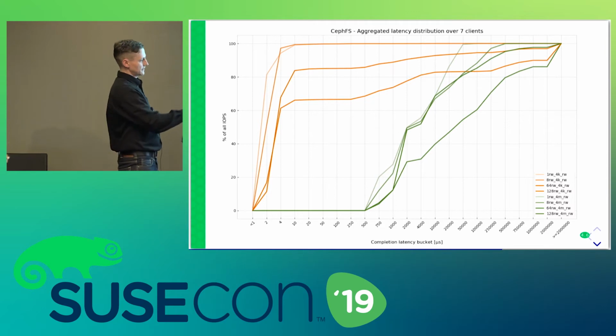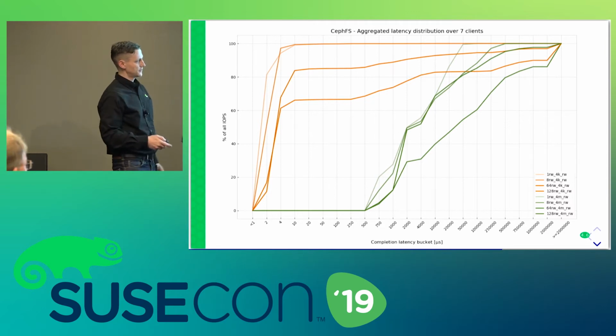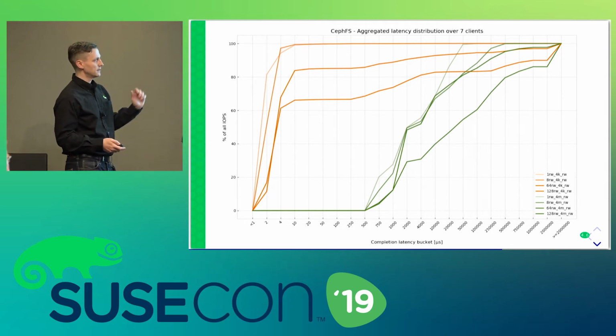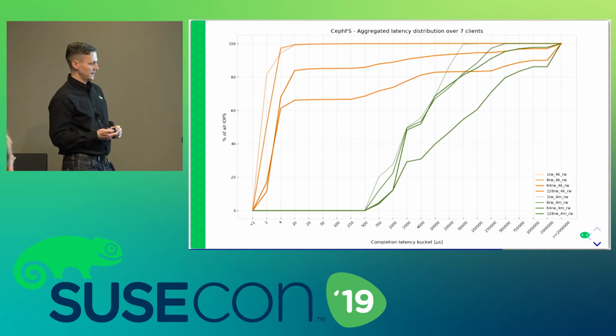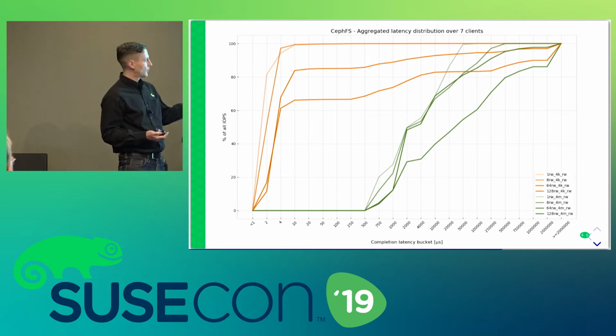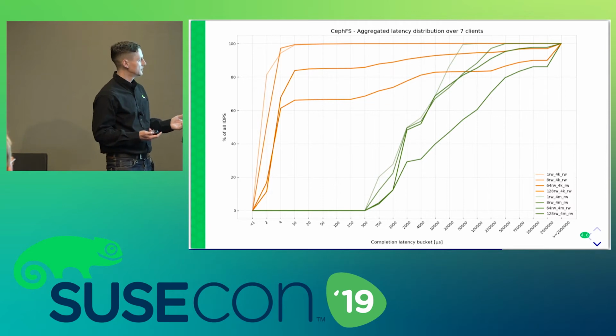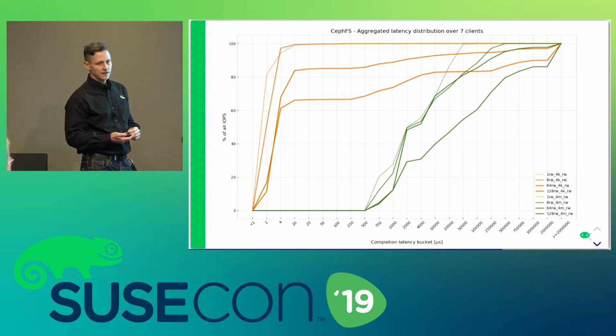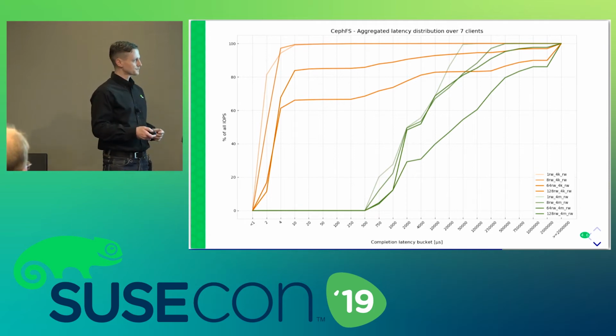So you can see that the large block sizes with a lot of processes can take quite a while. Again, we'll have a slide that might point to an indication as to why. But if you run with 4K I/O operations and not too many threads, the latency can actually be quite snappy.